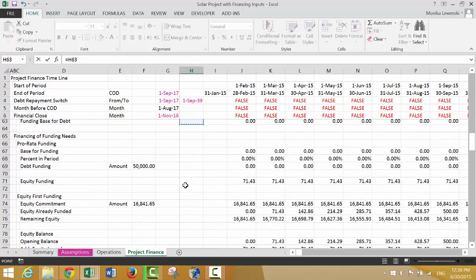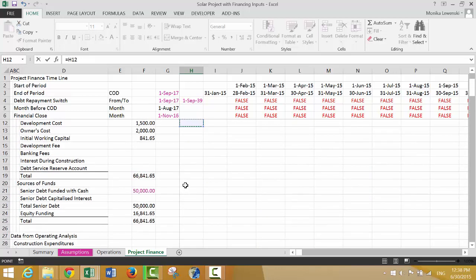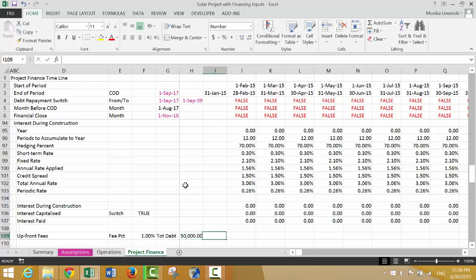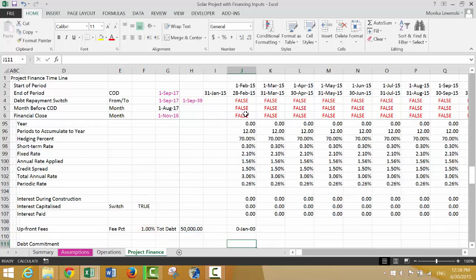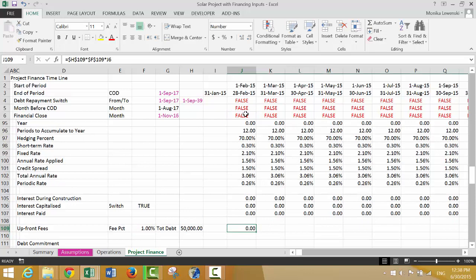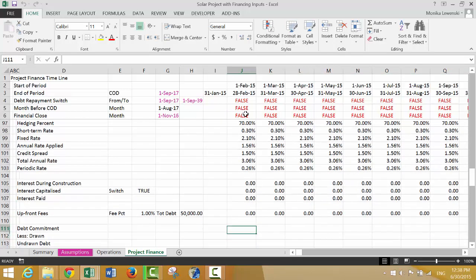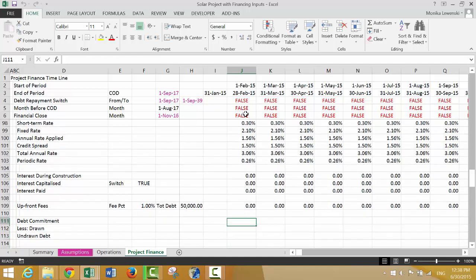This one includes any capitalized interest we have. Now I'm trying to just not have circular references here, so we can press F for that times F for that times our financial close switch.